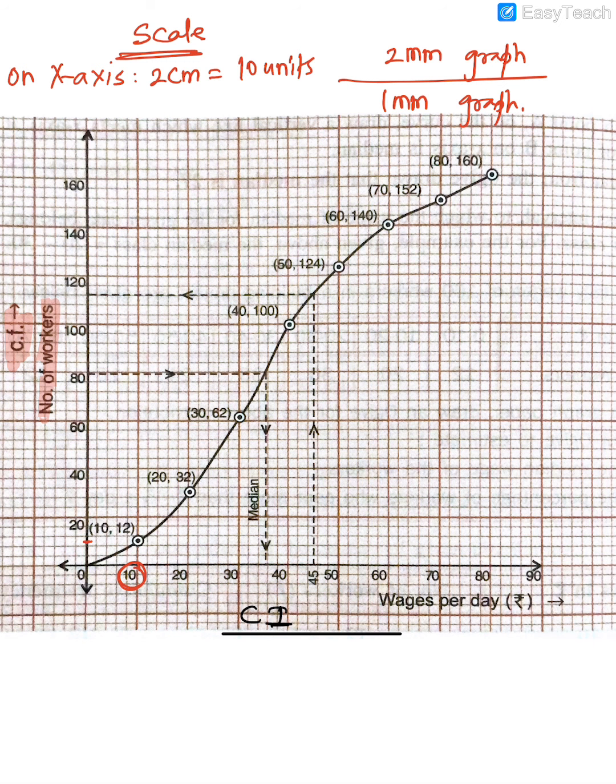Sometimes they'll give you the scale in the problem itself, then you cannot change it. You'll have to take that scale only. Like for example, in this problem which I'm doing here, they had not given the scale, so we could take whatever we wanted. On the y-axis, what is the scale? 2 centimeter is equal to 20 units. That was the scale we have chosen.